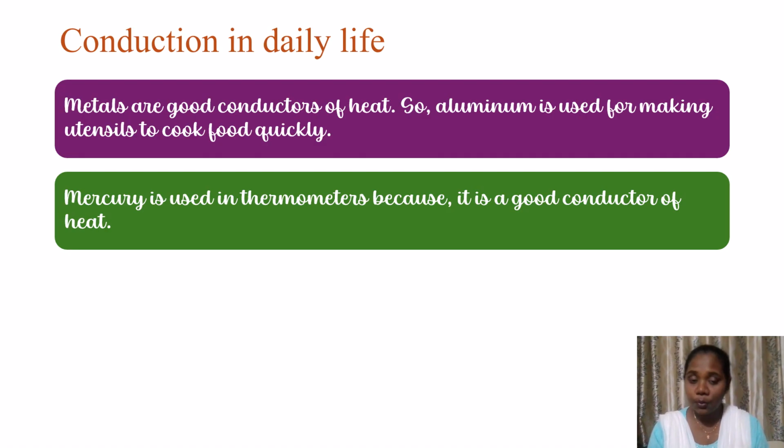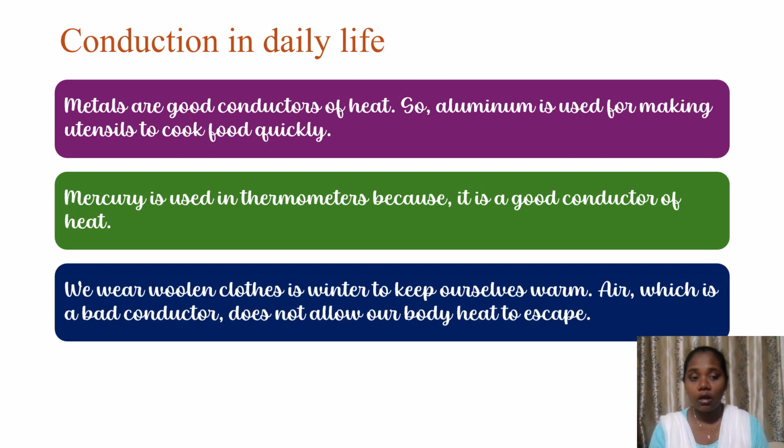Due to mercury, we are able to test our temperature with the help of a thermometer. We wear woolen clothes in the winter to keep ourselves warm because the air, which is a bad conductor, does not allow our body heat to escape.